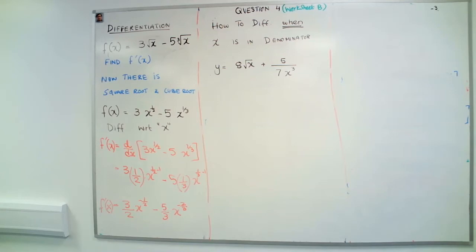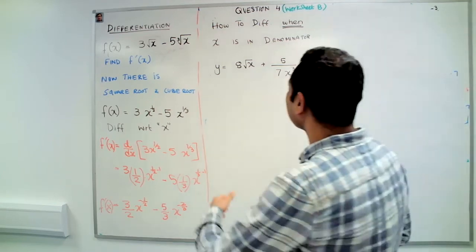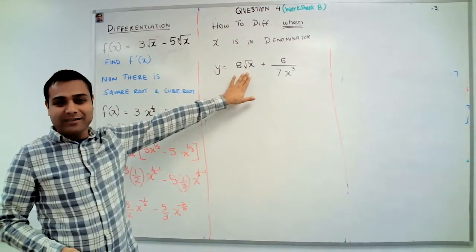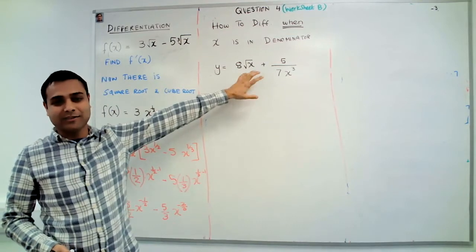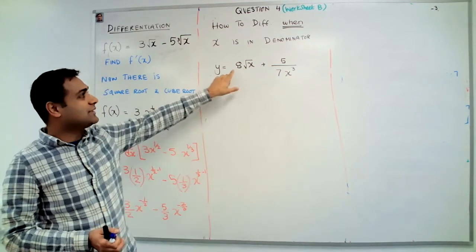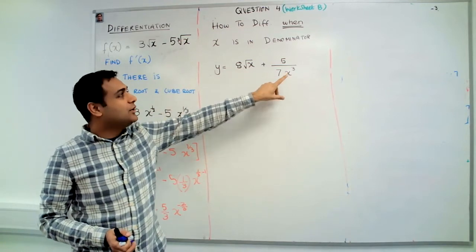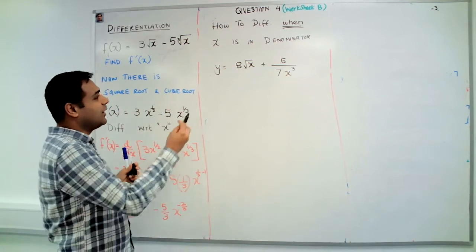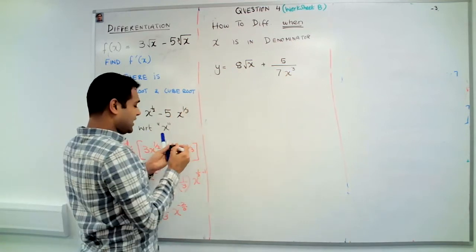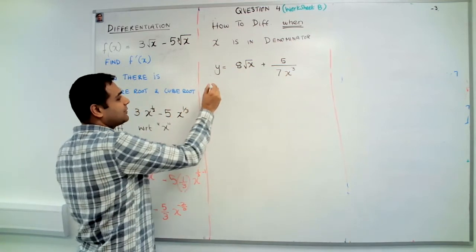Now, how do you differentiate when x is in the denominator? And let's say there is a square root sign. So I've just put two questions in one. So this is 8 root x plus 5 over 7x cubed. To do this one, obviously what you need to do is differentiate with respect to x because x is a variable.